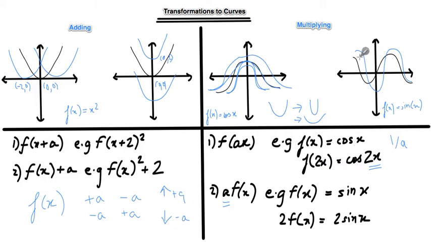I know it's not the best, probably not very clear, but basically it just elongates vertically. If I have something like this, it's going to become something like this. And if it's by 1 by a, it's going to become something smaller, like this. But remember, there's no change to the x coordinates, there's only change to the y coordinates.